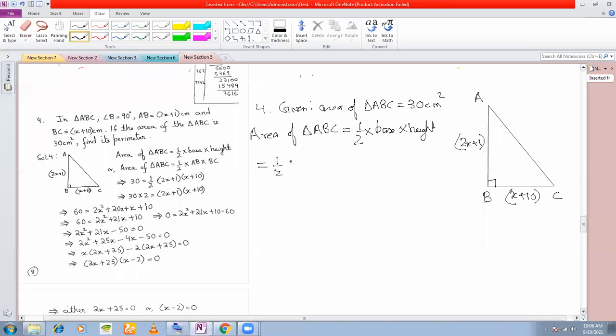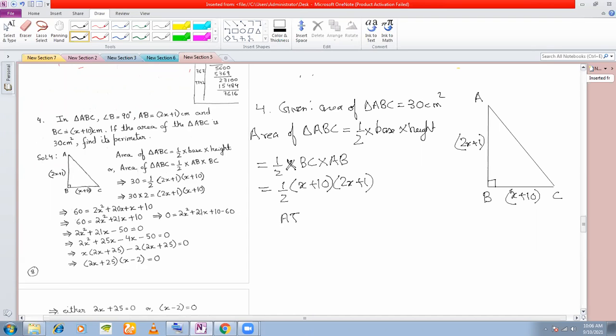Now here in the figure, the base is BC and the height is AB. BC is given to be x plus 10 and AB is given to be 2x plus 1. Okay, so this is your area.